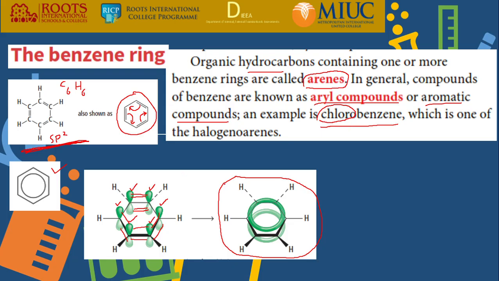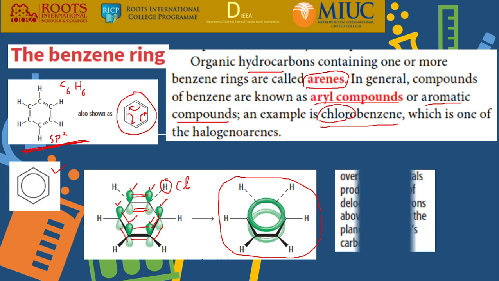For example, if one hydrogen, suppose this one, is replaced by a chlorine atom, so that particular benzene will be called chlorobenzene now, because it has replaced one hydrogen with chlorine. So it is also possible. Other than chlorine, there are other possibilities like nitrogen, sulfur, or many others.